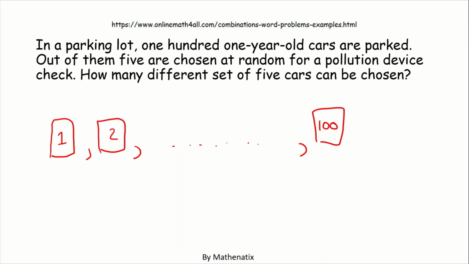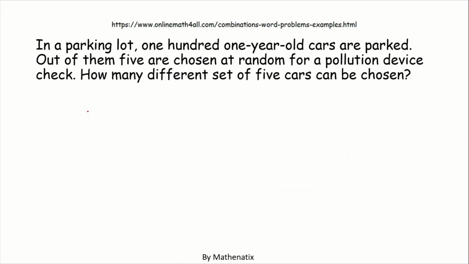So this question is very simply reduced to a combinatorial problem. 100 choose 5. We want to calculate 100 choose 5. So let's do that on the next page. So let's just write down 100 choose 5 here.